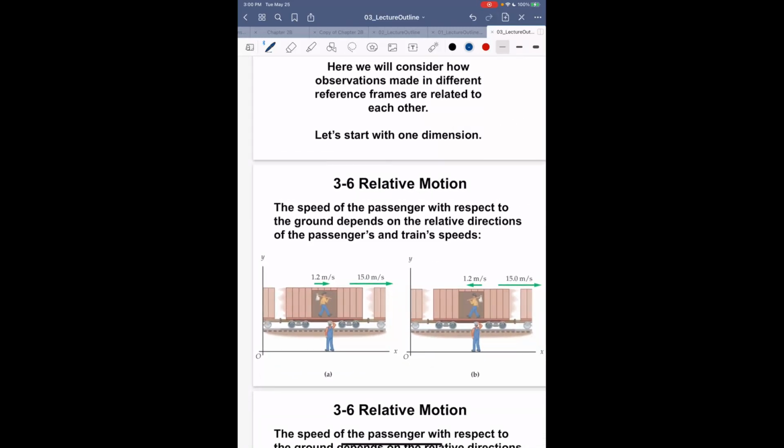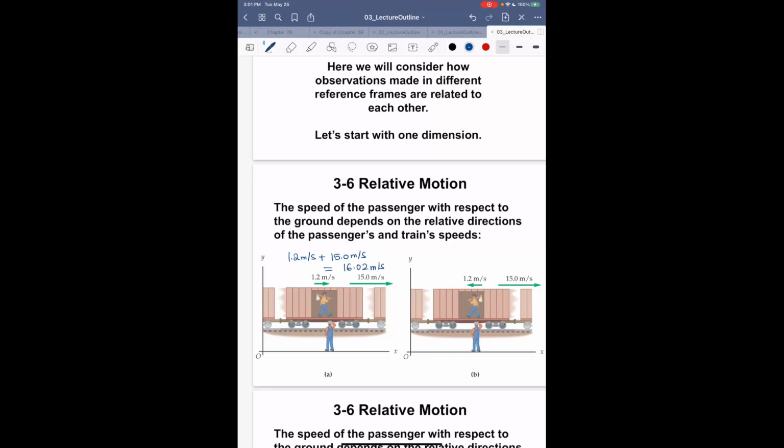If you are an observer that is stationary, outside the train, you're going to measure a velocity for that worker inside the train to be 1.2 meters per second plus 15. But if you are inside the train, you will see that worker moving with just 1.2 meters per second. Then this is 16.2 meters per second.